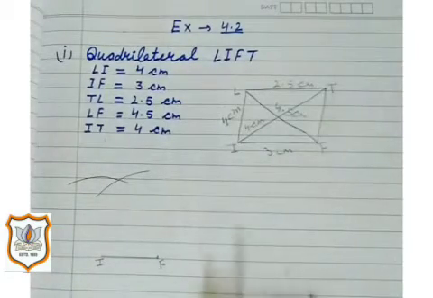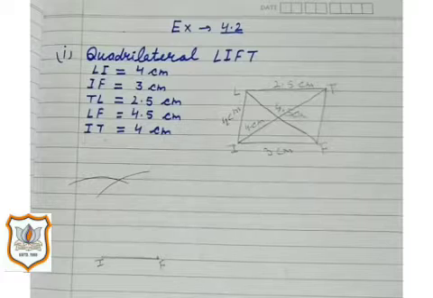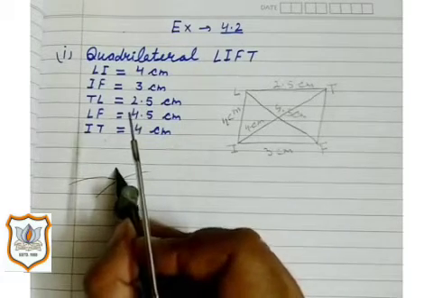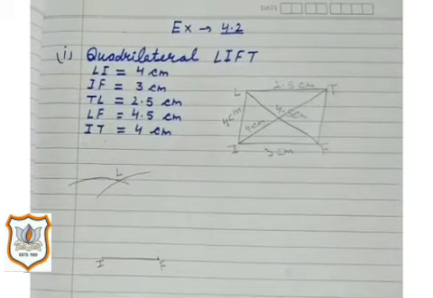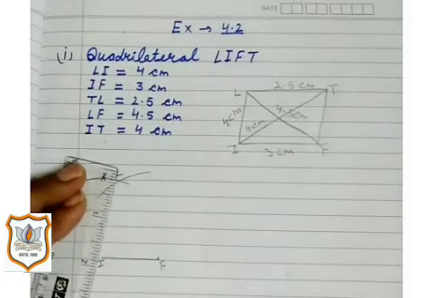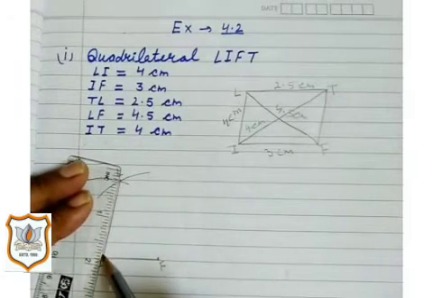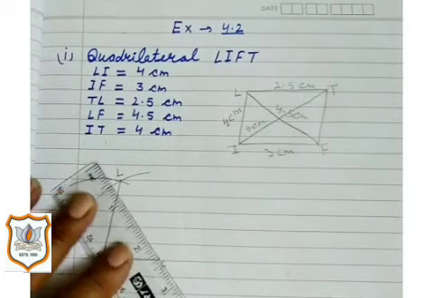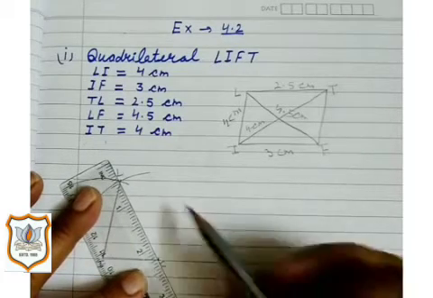These intersect to each other at point L. So we write here L. This is L. Now we will join point L and I and L and F. Clear, students? You can see here.